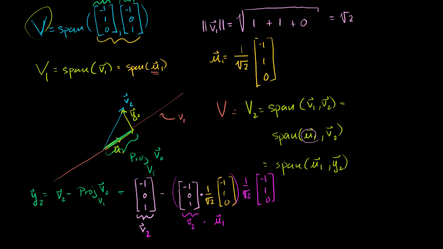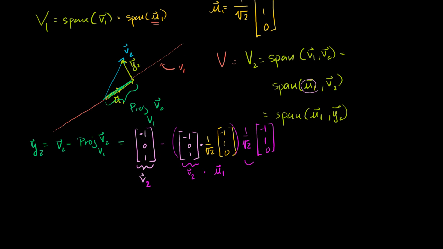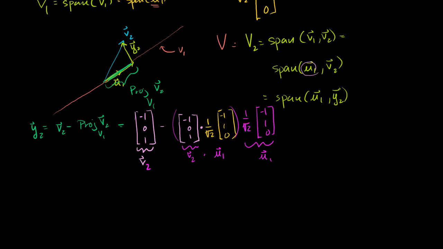Now this looks really fancy. This right here is our orthonormal basis for the subspace v1. But what does this simplify to? So this is going to be equal to, remember, this piece right there, that's the projection onto v1 of v2. That's what that was right there.